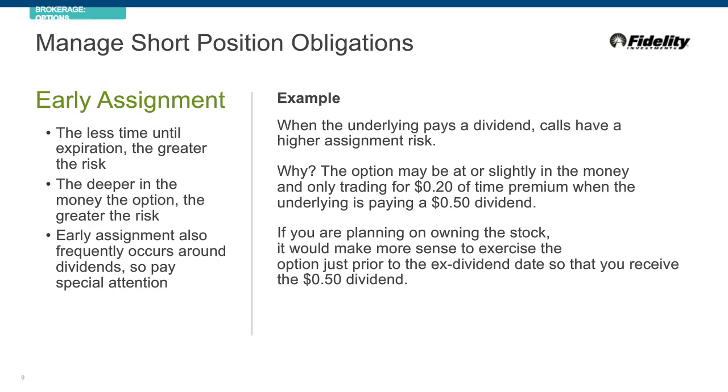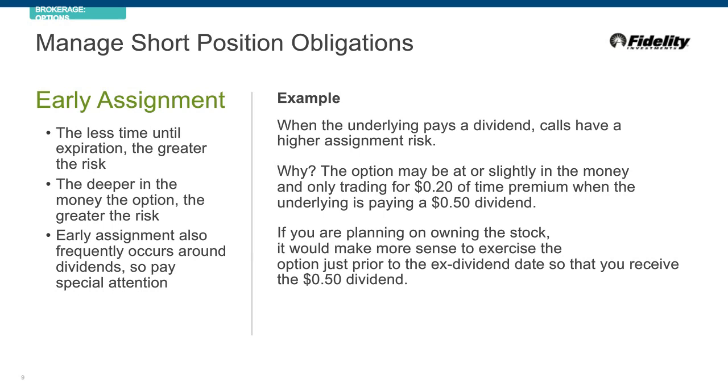Well, in this case, let's say we sold to open the call. Hopefully, you're fairly familiar with the idea of a covered call. We went over that when we had the selling 101 session previous to this. The idea is we own 100 shares of stock and we sell to open a call. The obligation on that is we actually have to sell our shares at the strike price.